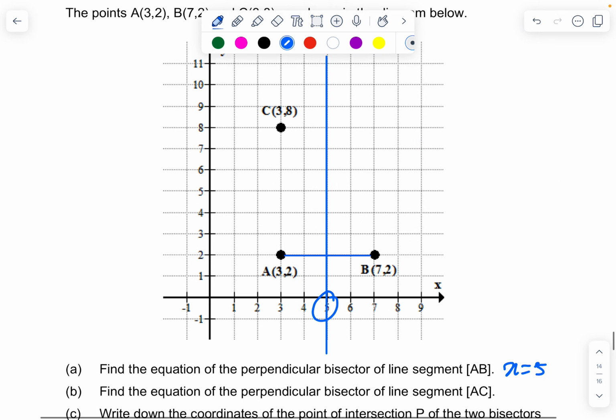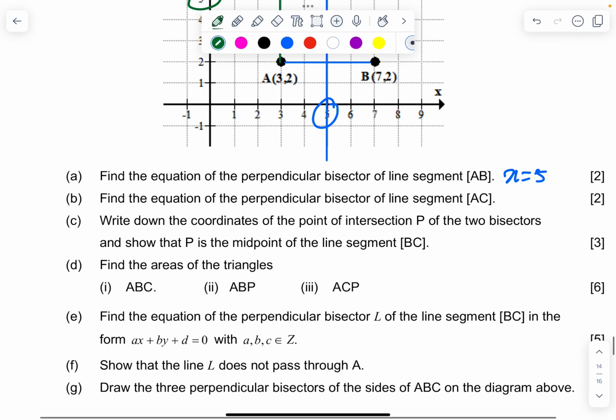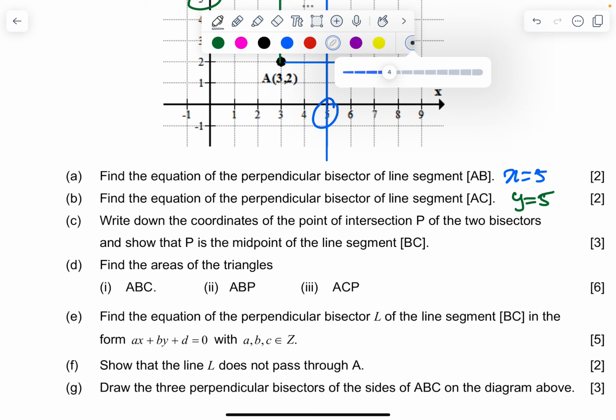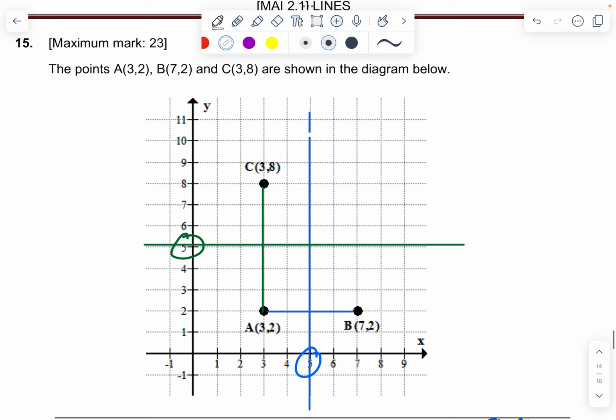Now for AC, AC is a vertical line, so its perpendicular bisector will be in the middle, which is y equals 5. Whenever we are drawing the perpendicular bisector, it should always be a dashed line, both for AB and AC.